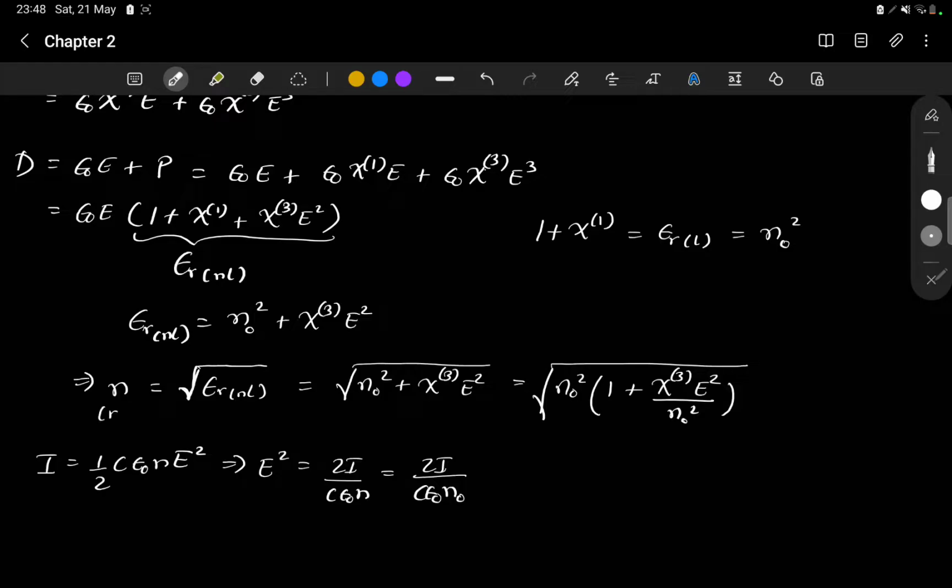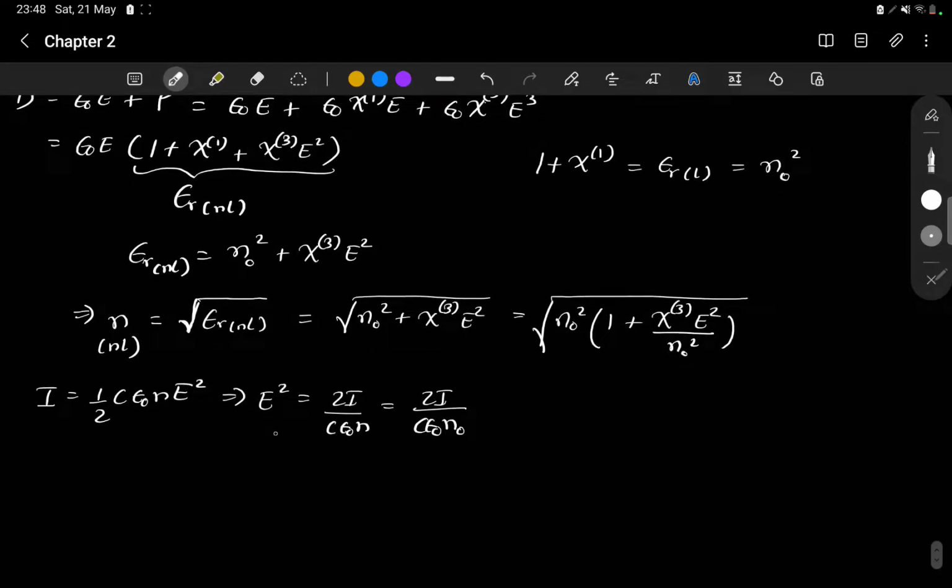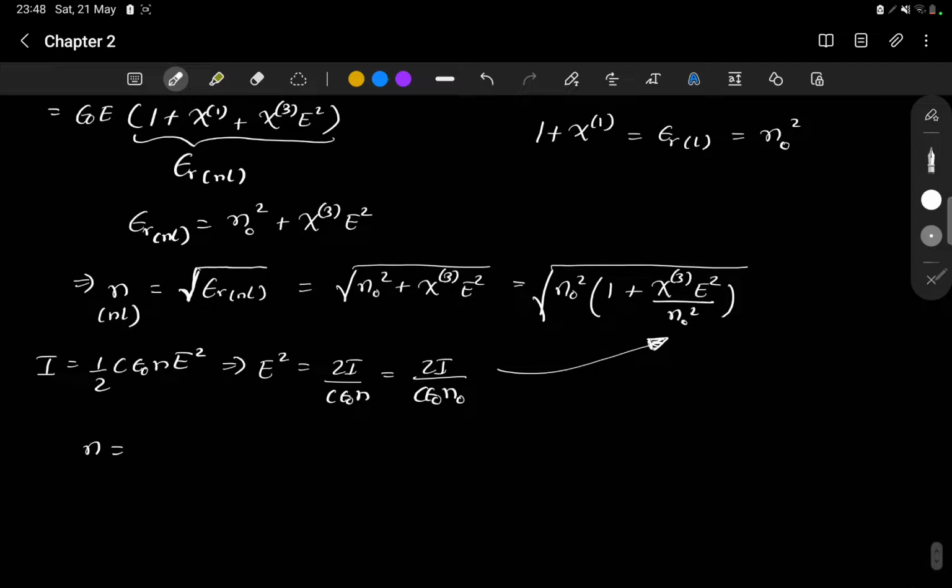This n out here is for nonlinear. Now we can plug this value of E squared over here and get the expression for the nonlinear refractive index.